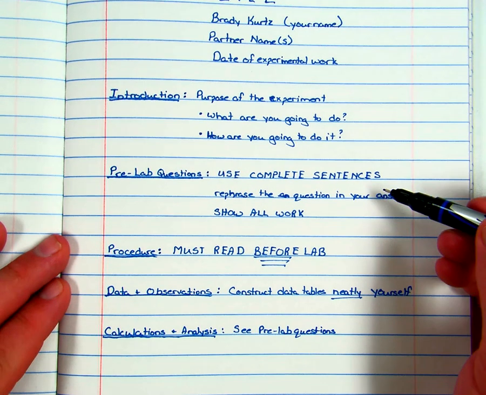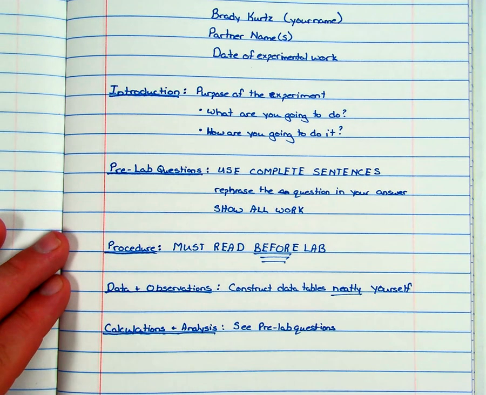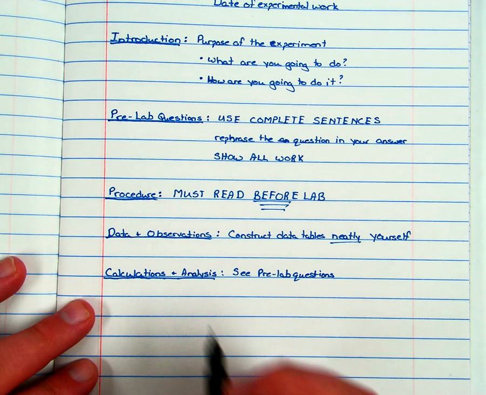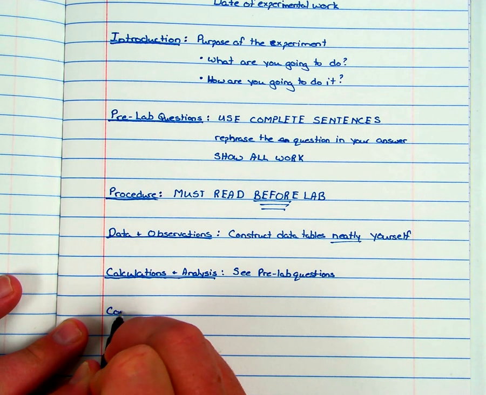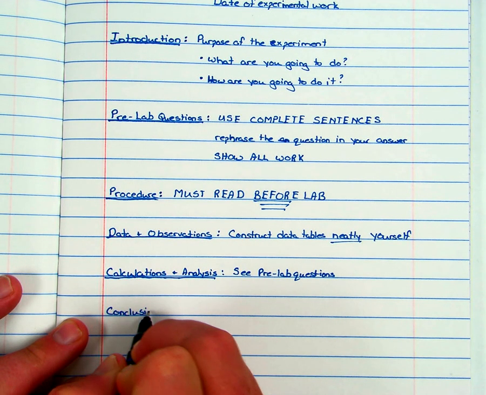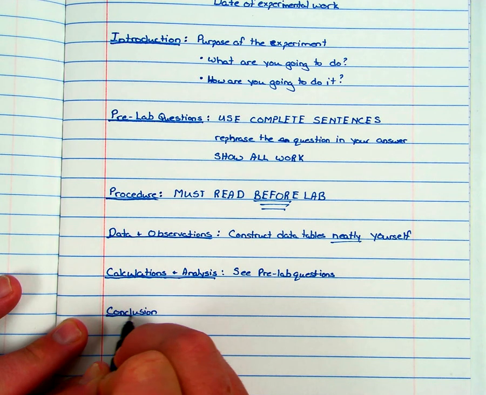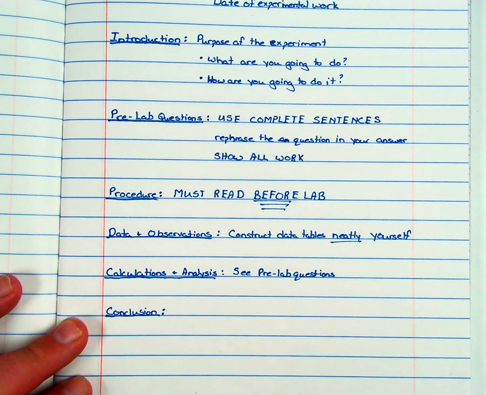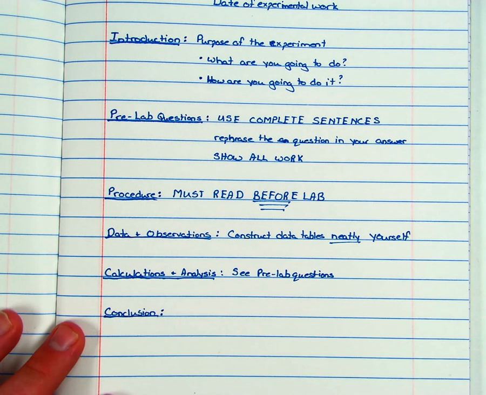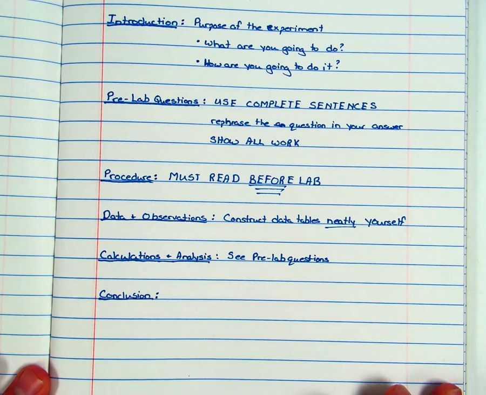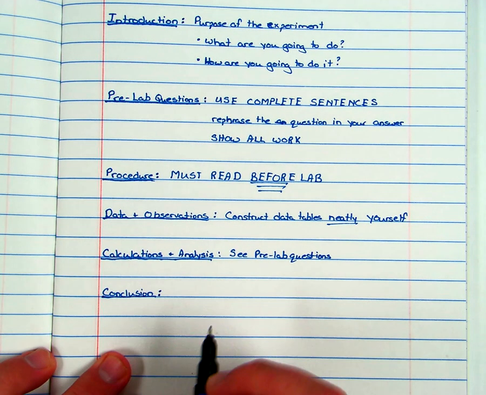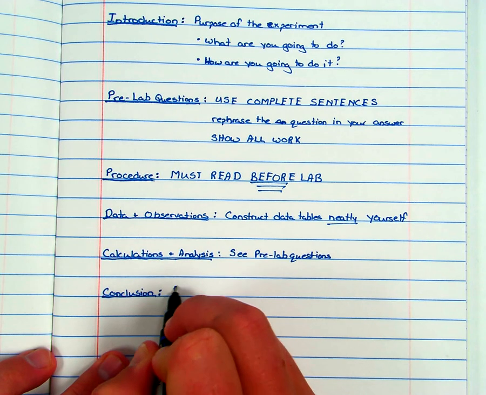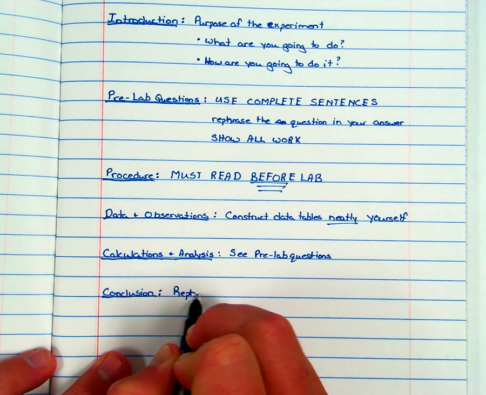The last part of your lab notebook, after the calculations and analysis, is your conclusion. Okay. Again, you can see the example I've given to you on the lab notebook handout, but just a few key ideas here. The easiest way to write your conclusion is simply to rephrase the introduction.